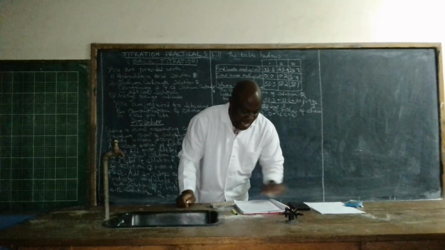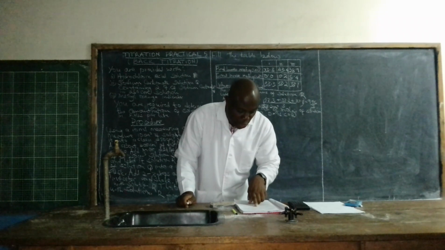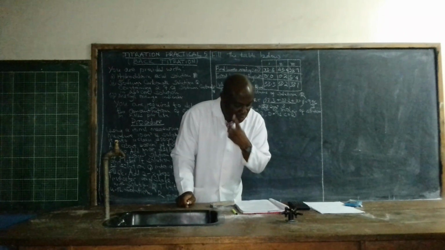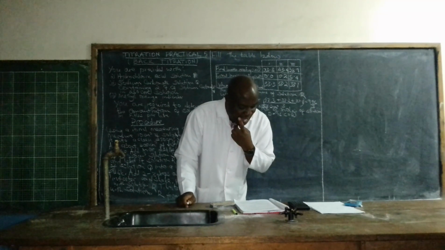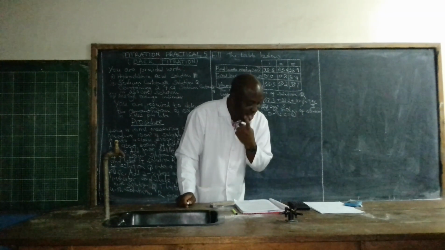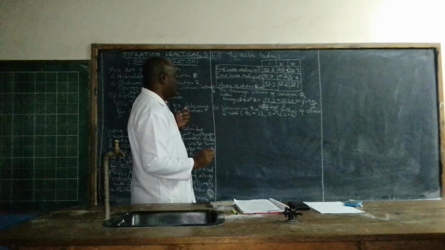Then we have been asked, question B, determine the number of moles of solution Q used. In this case, we are going to write an equation so that we know what is supposed to be done.